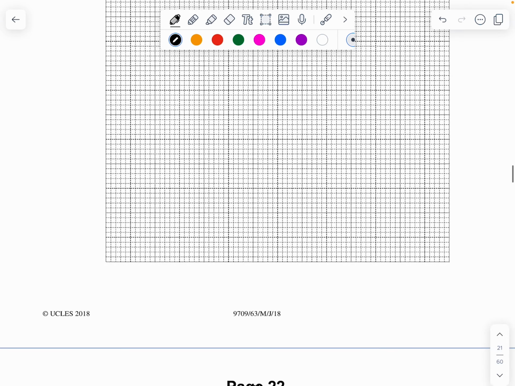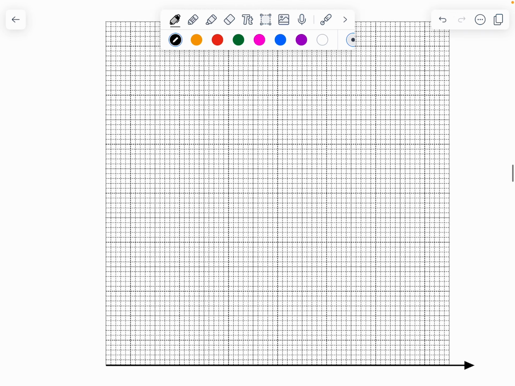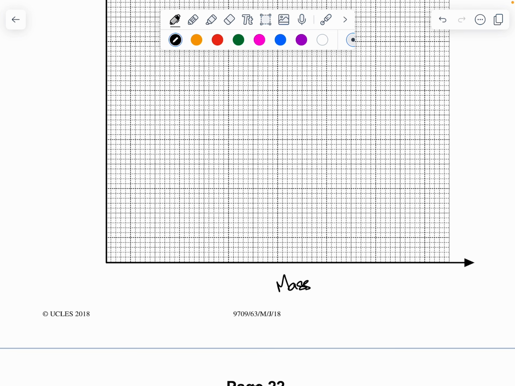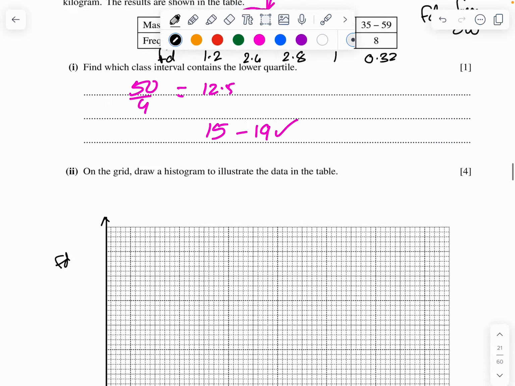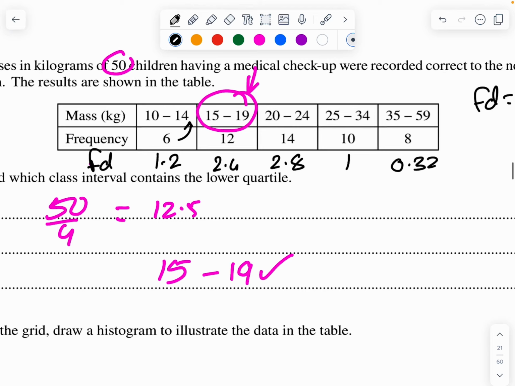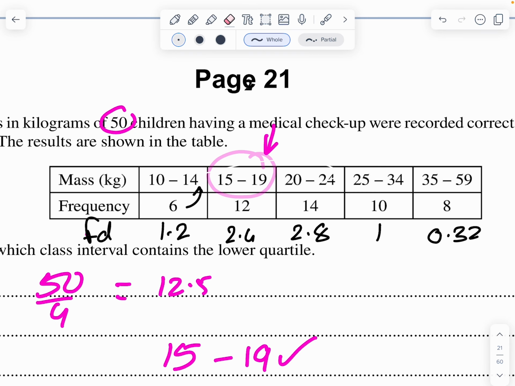Now draw the x-axis and the y-axis. This is frequency density and this is mass in kg. Now it is not continuous, so we need to make it continuous.